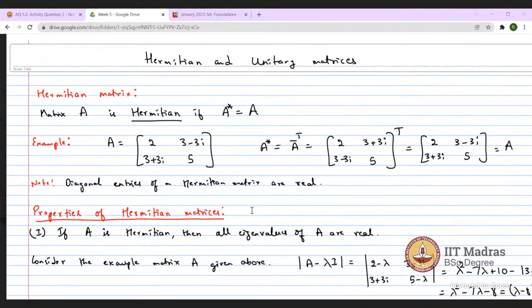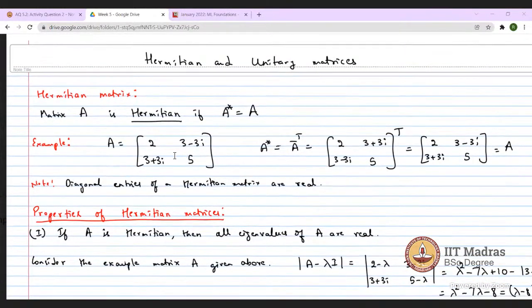Okay, so we are at this Hermitian matrix, right? As I was talking about, since this conjugate transpose should be the same as this matrix, all the diagonal elements of the Hermitian matrix will be real numbers. Since for the diagonal elements, the transpose will be the same.